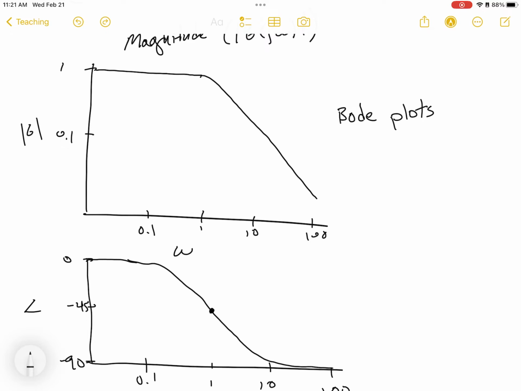And we can classify various types of systems based on what these plots look like. So for example, in this plot, we had a high magnitude at low frequencies, and as the frequency increases, the magnitude drops off. We call this a low pass filter.